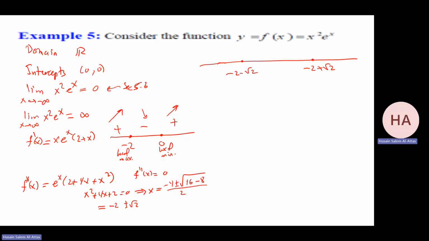Take a value here, -4. Who cares? -4, you get -16 plus 16 plus 2, that will be positive. Take a 0, still it's positive.